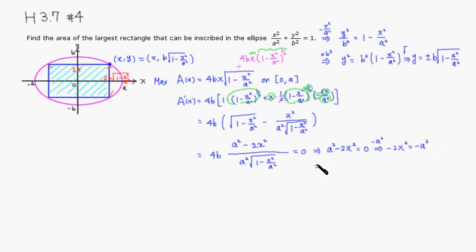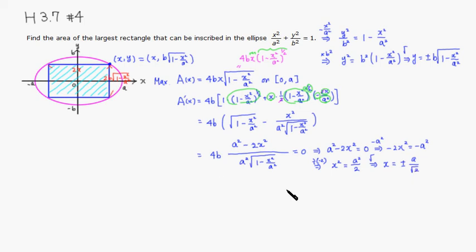Divide through by negative 2, so x squared equals a squared over 2. Then take the square root of both sides. So x is plus or minus a over the square root of 2.